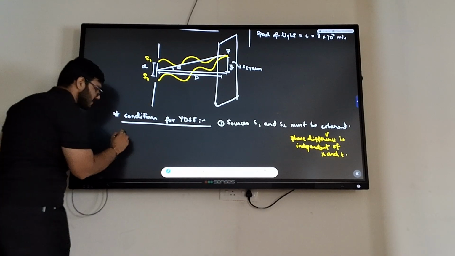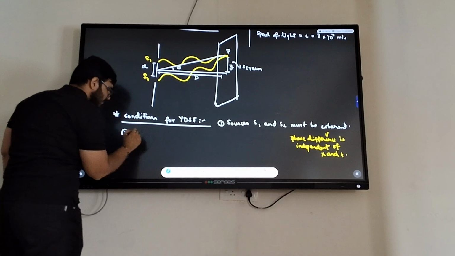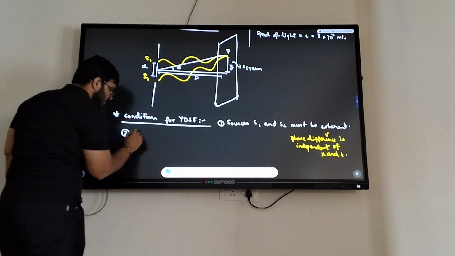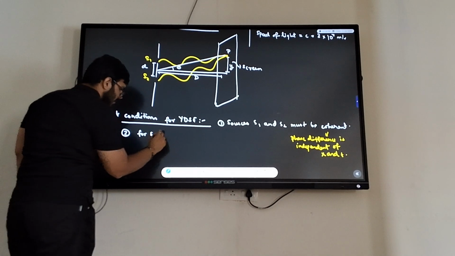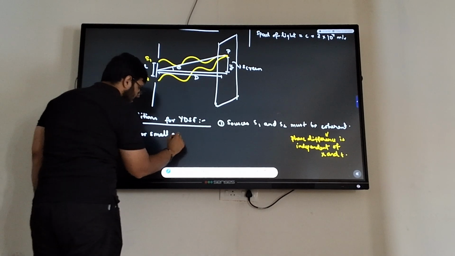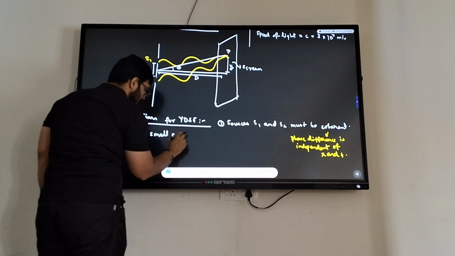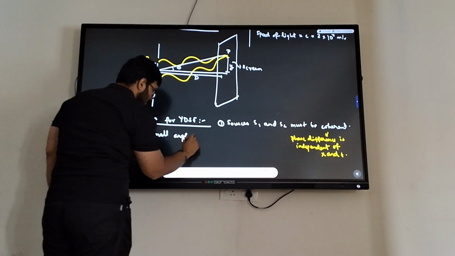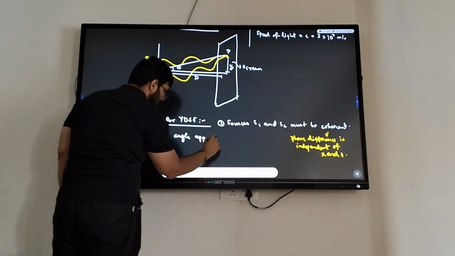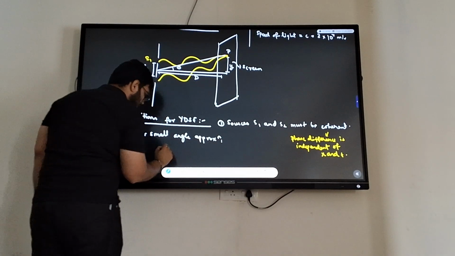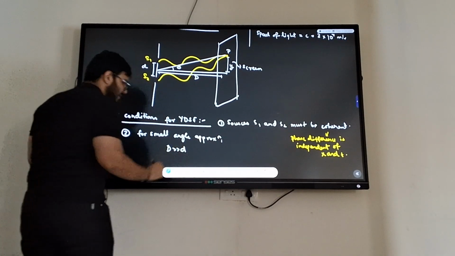So the second condition, for small angle approximation: capital D has to be much greater than small d.